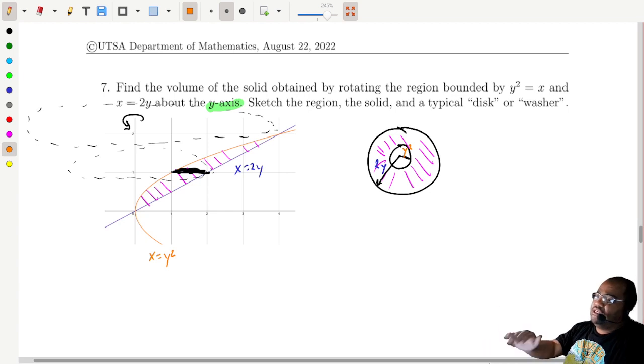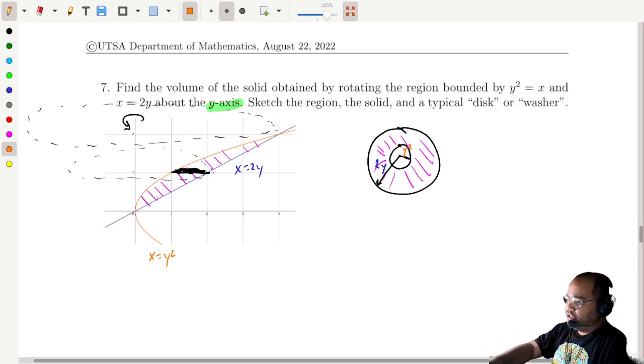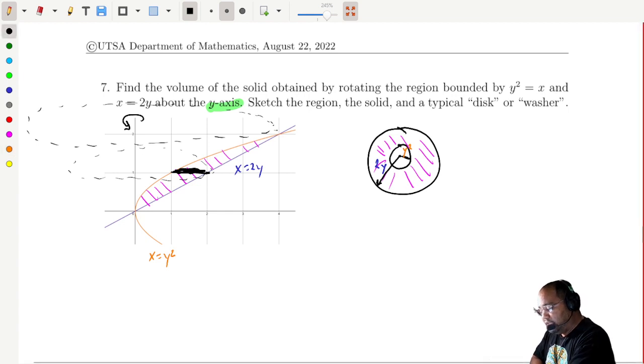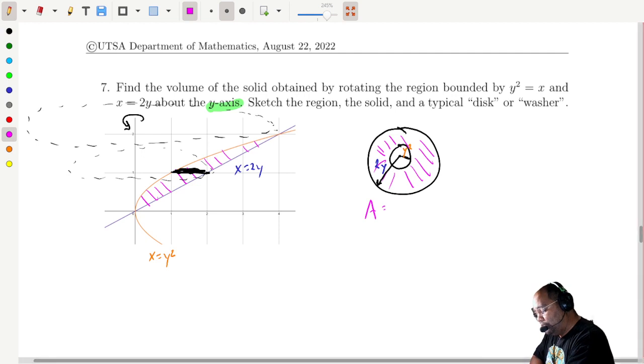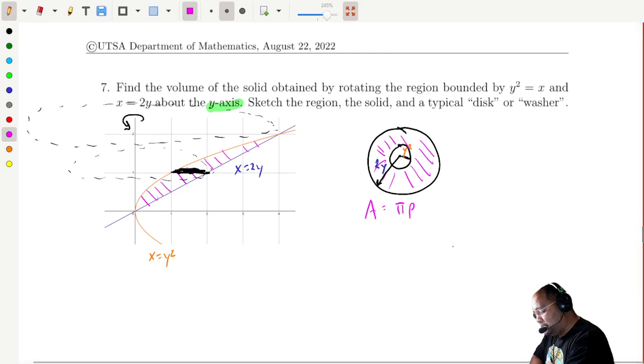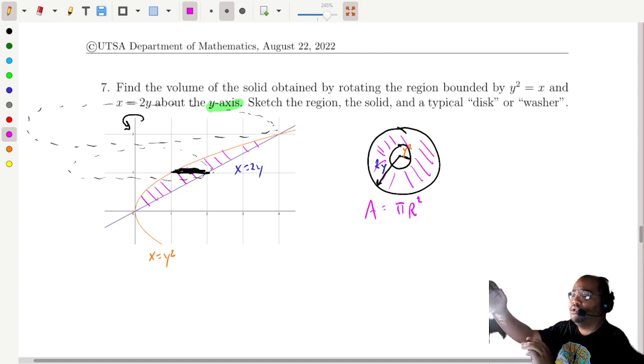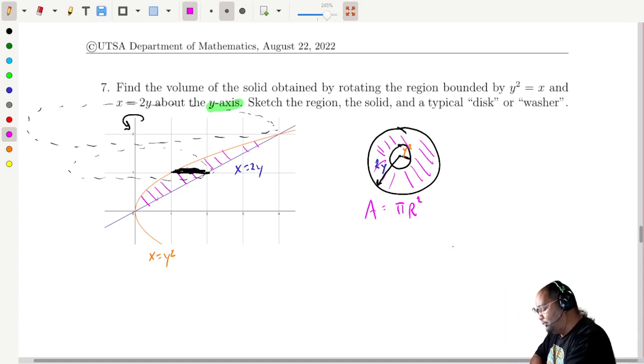So how do we find the solid area for this washer, this donut shape? The area, let's do magenta, is pi times outside radius squared. That's the entire circle. Then we want to take away the inside circle, so write it as little r squared.